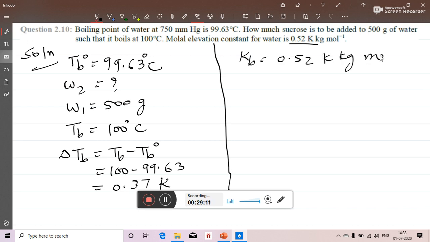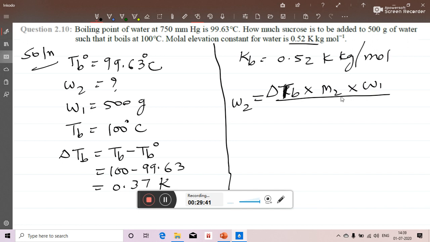Now we have to find out weight of solute. So when we make weight of solute as subject, then we will get delta TB into M2 into W1 upon 1000 into Kb.